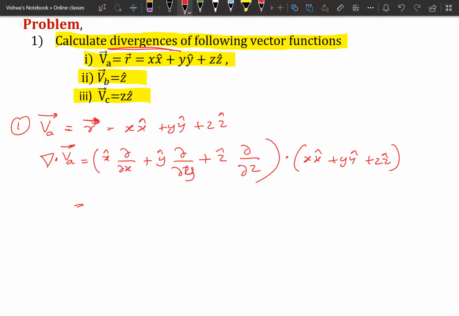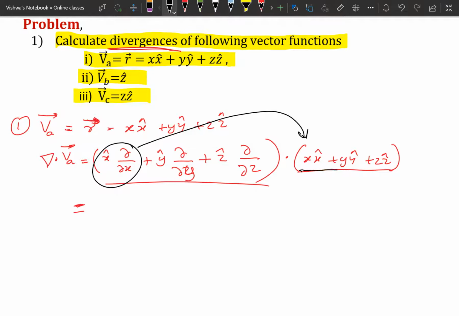The next step, we have to differentiate partially under the dot product. Here three terms, and here also three terms. First one, dou by dou x dotted with the vector field. Here this has unit vector x cap, and here unit vectors x cap, y cap, z cap. When under the dot product, the other two terms vanish because x dot y and x dot z are 0.